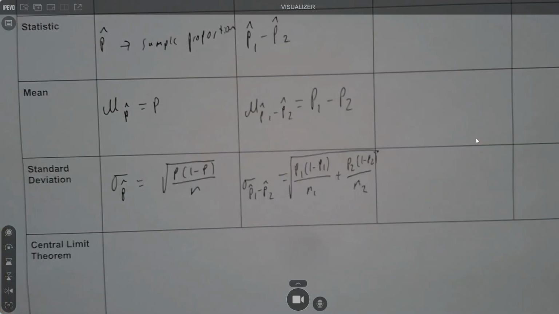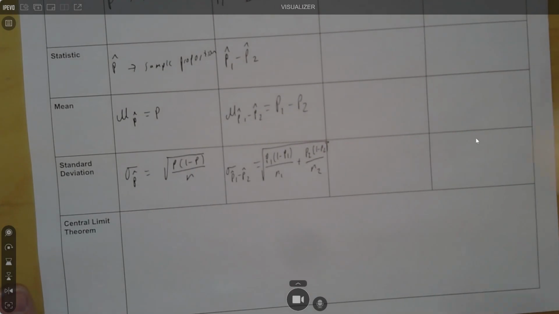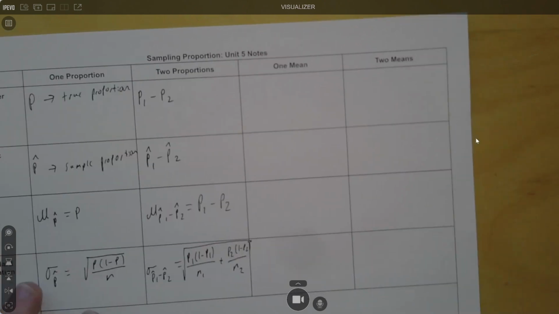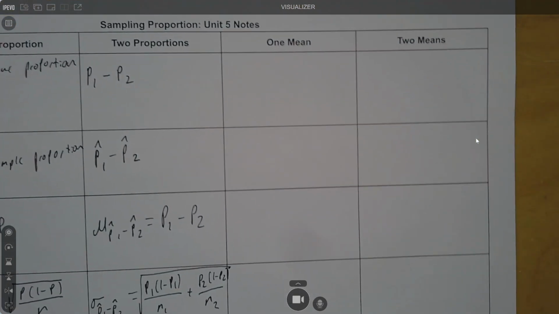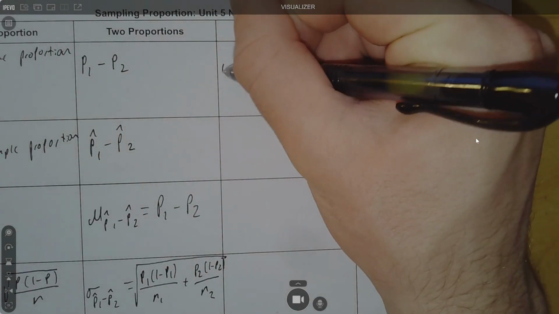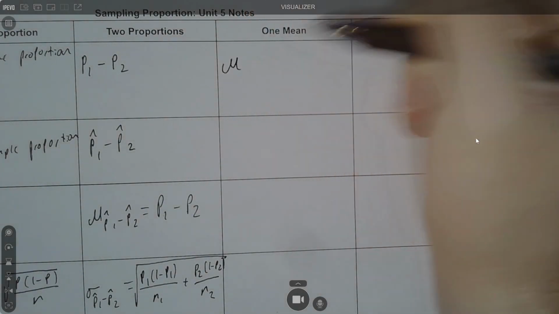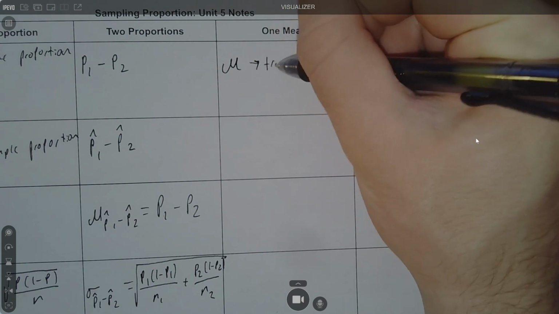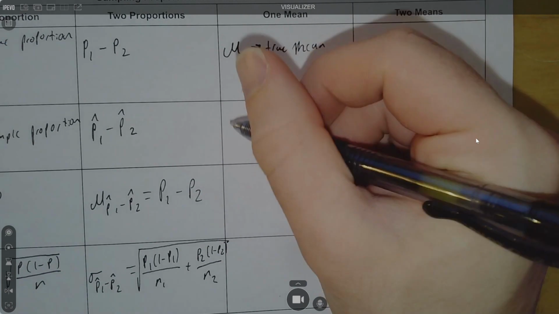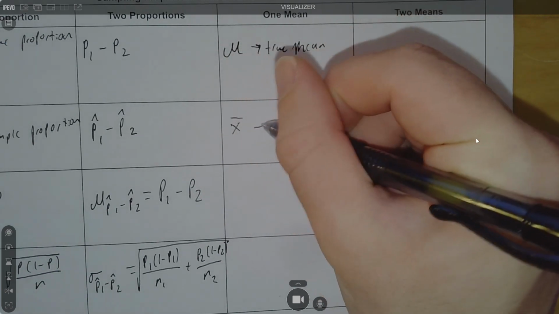Okay? For means, next is mean. For one mean, the parameter is mu. That is the true mean. The statistic is x bar. That is the sample mean.